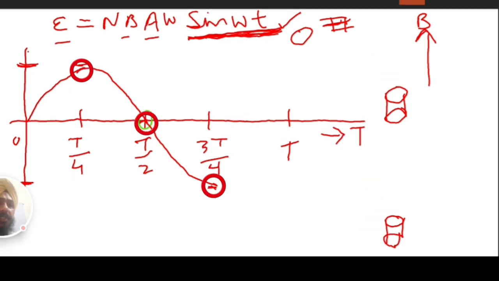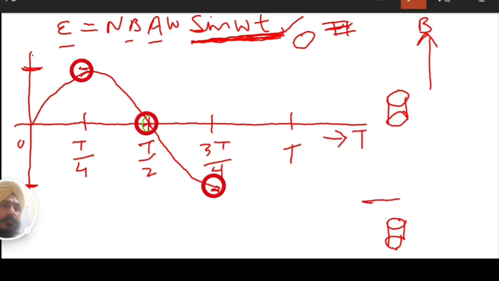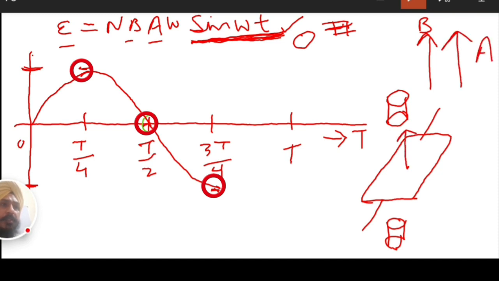So the fourth orientation is again, the area becomes parallel to the magnetic field.